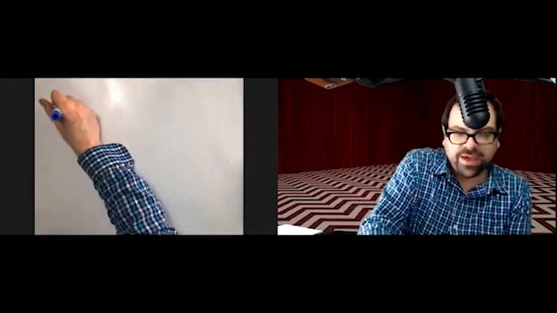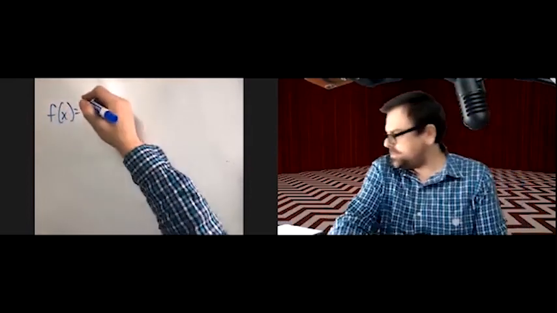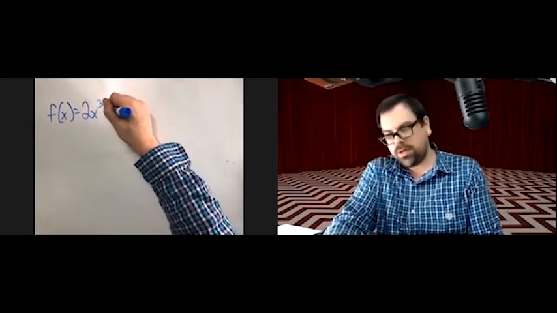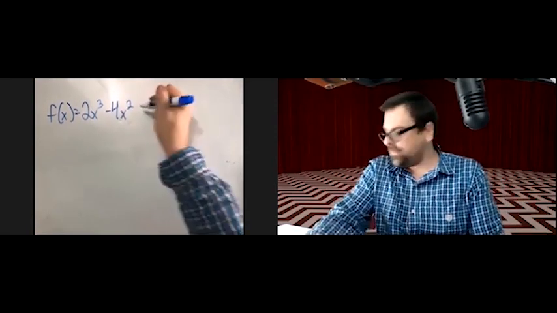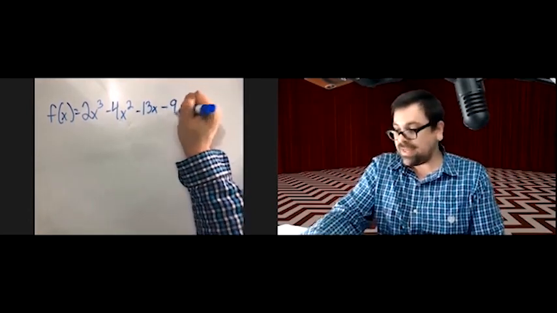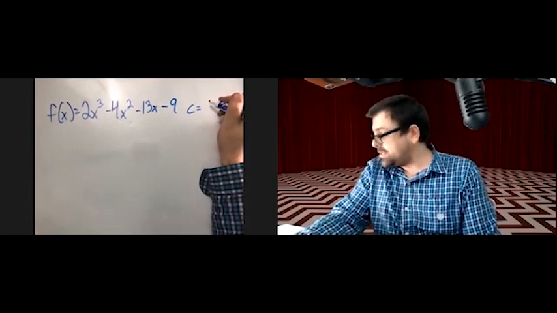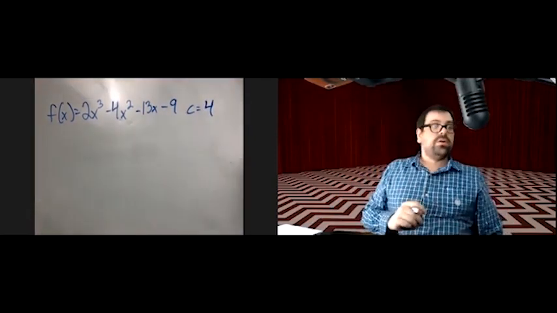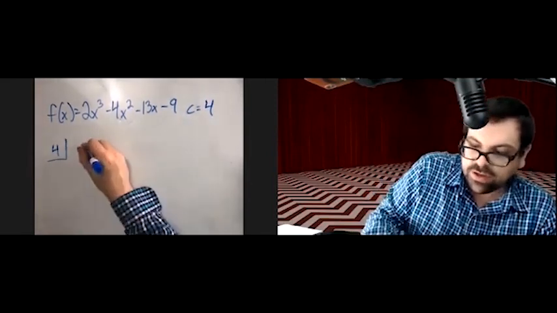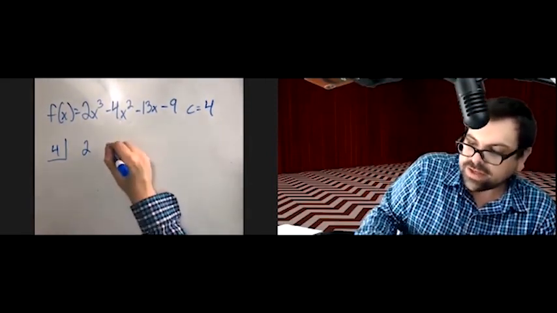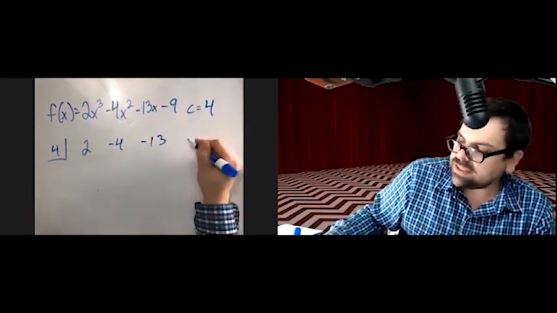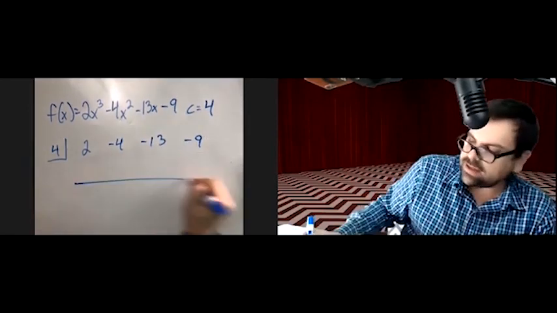If we have f of x equals 2x cubed minus 4x squared minus 13x minus 9, and we were looking to see if c equals 4 would be a 0, that means we're doing synthetic division by 4 on 2x cubed minus 4x squared minus 13x minus 9.